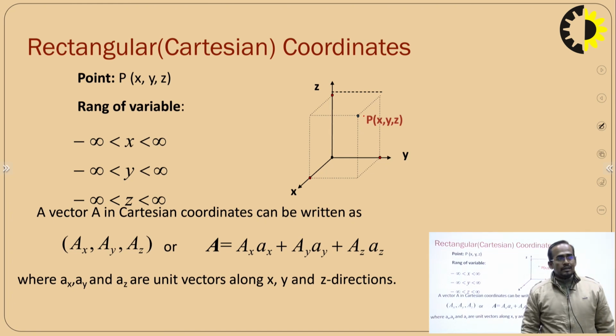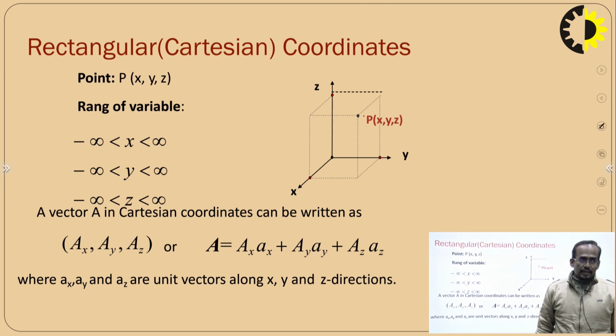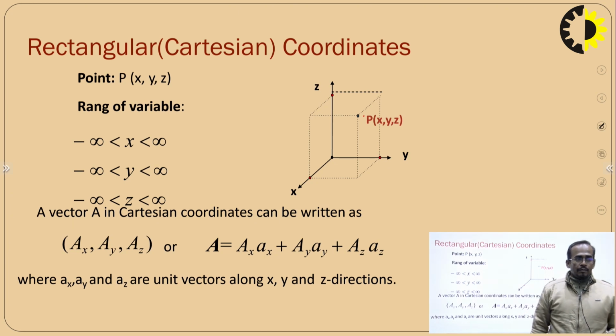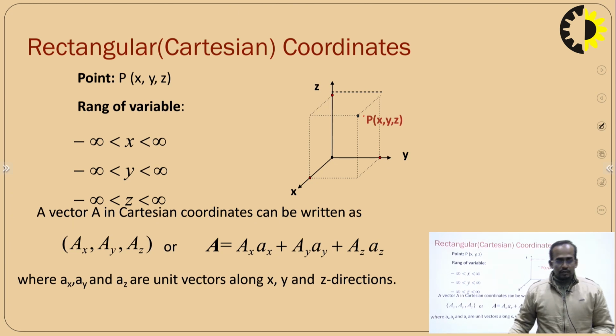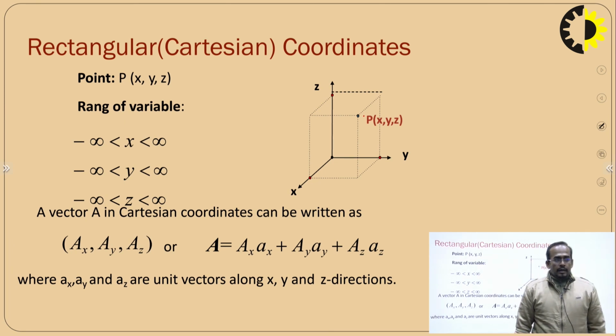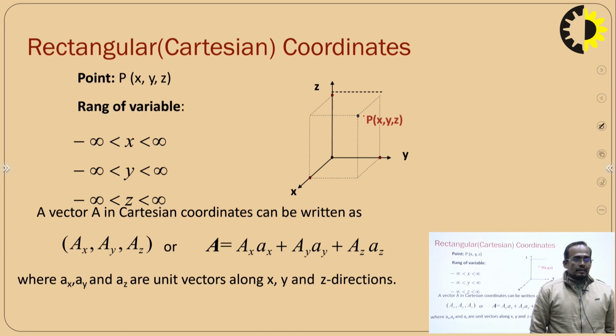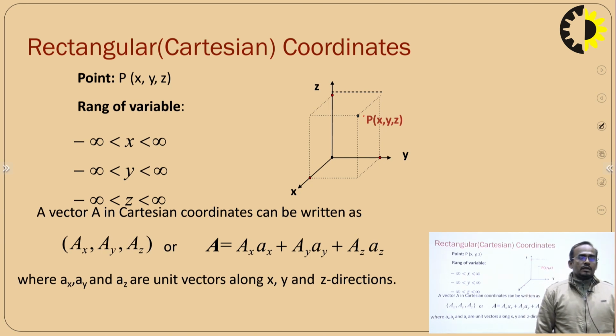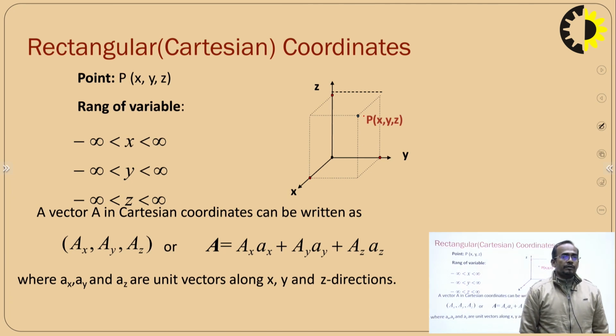Similarly, y varies from minus infinity to infinity, in the positive y direction as well as the negative y direction. And for z, you can go in the plus z direction up to infinity and the minus z direction to minus infinity.